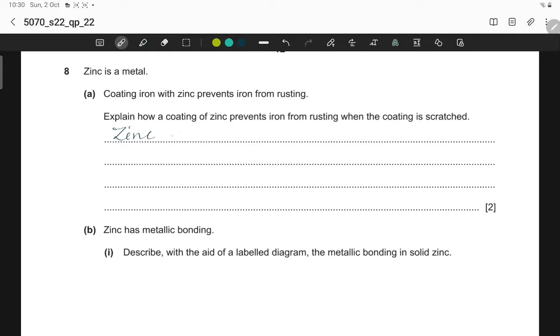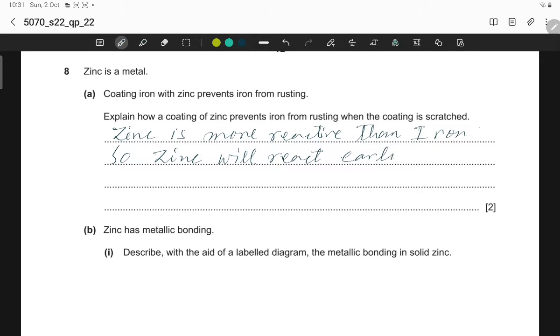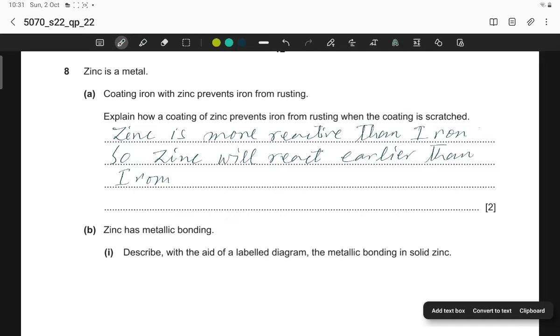Zinc is more reactive than iron, so zinc reacts earlier than iron.